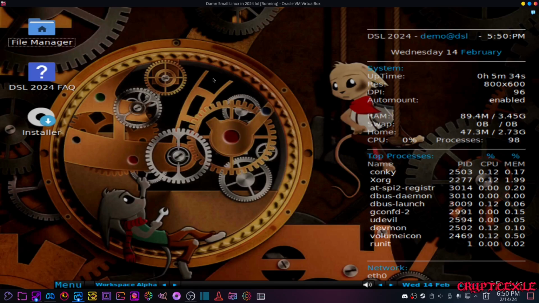When it comes to the desktop, it was like this. They always had these steampunk sort of wallpapers, and they always had Fluxbox and Conky. So that's why I think a lot of systems like antiX and MX Linux were all inspired by Damn Small Linux.